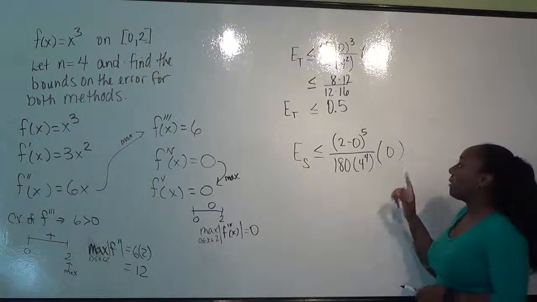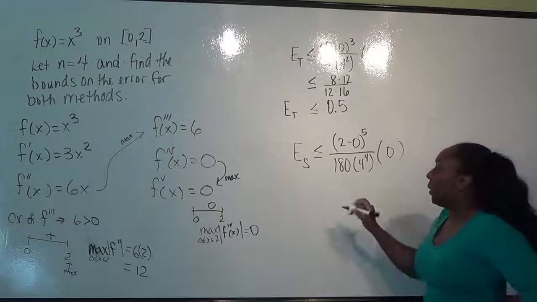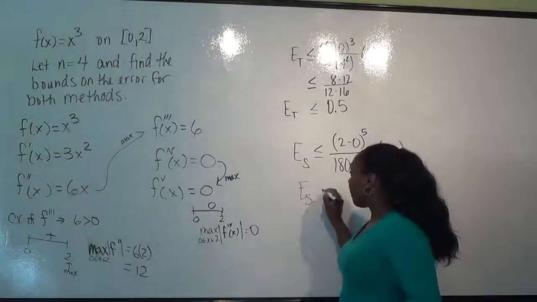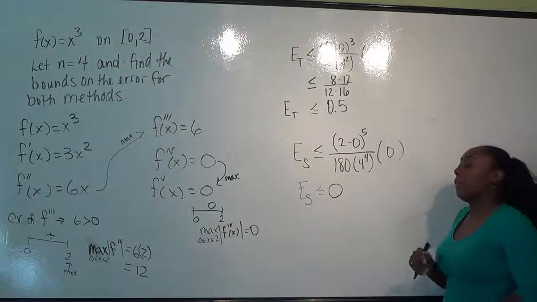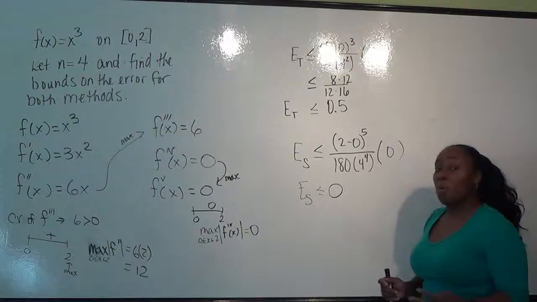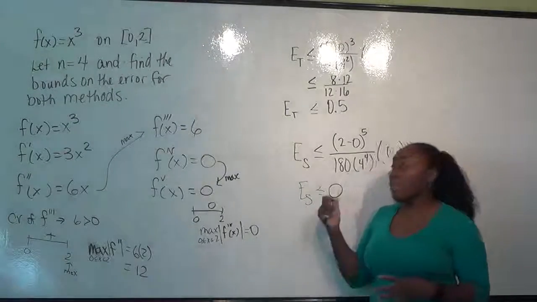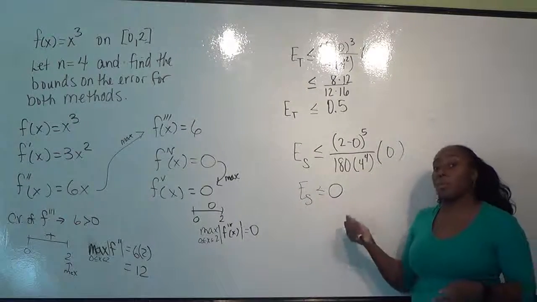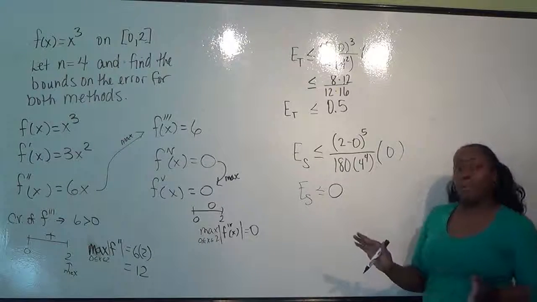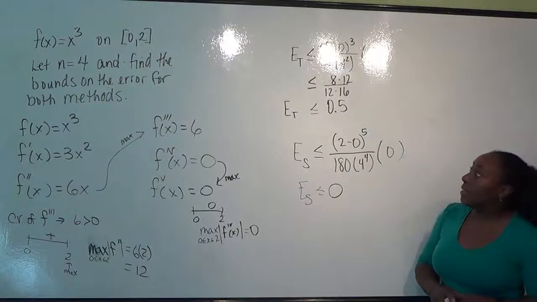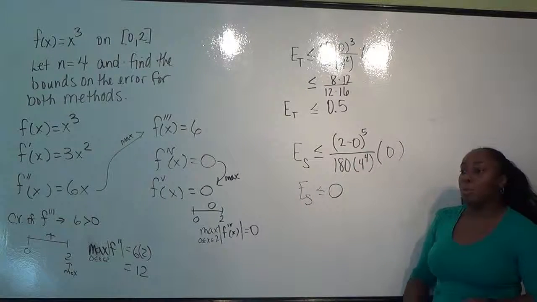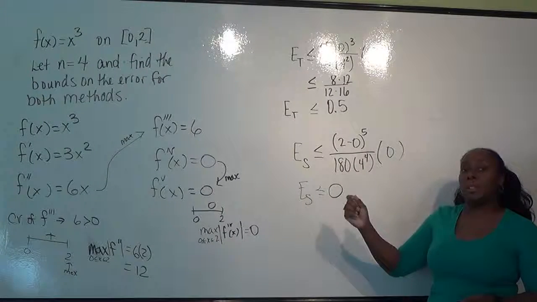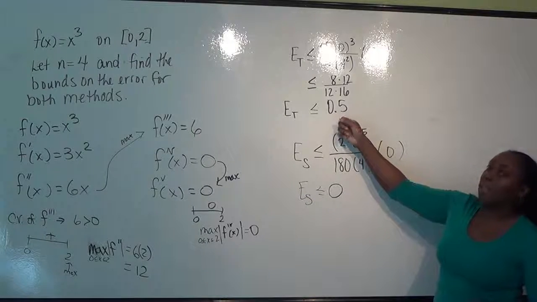I don't care what that is because I'm multiplying by 0, which tells me if I look at this function, x cubed, on the interval from 0 to 2, 4 subintervals is enough to give me an exact value for this curve. That's great. And we can see that it's going to be much better because I'm looking at something that's polynomial, which means it's going to have more curves in it than it has straight lines.